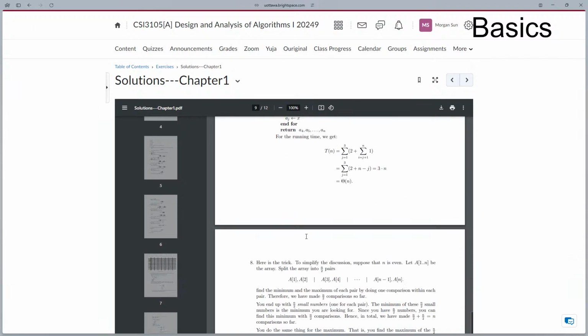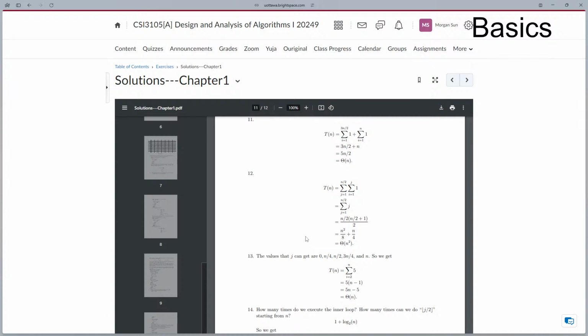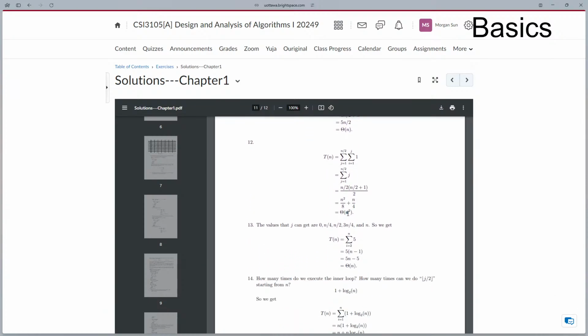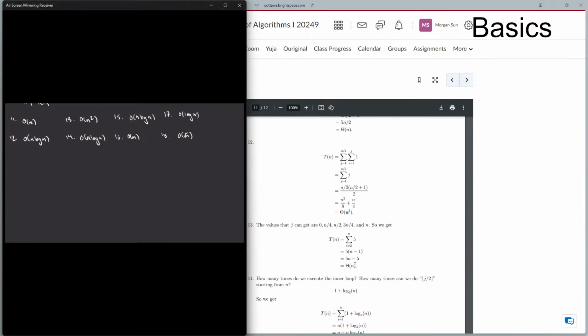Let me see. O of n squared. Okay, this is n squared. And this is n. Okay, that's not good. This is n squared. I guess I should just look next time because it's pretty dumb.